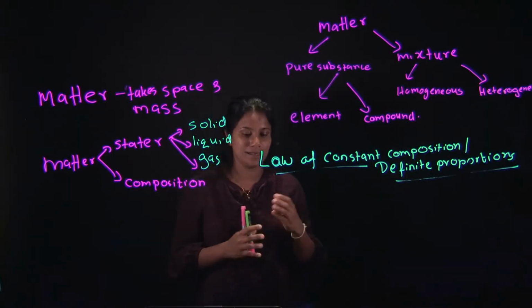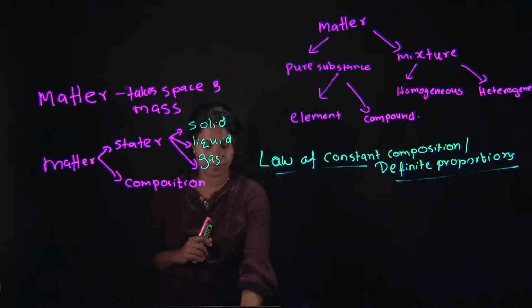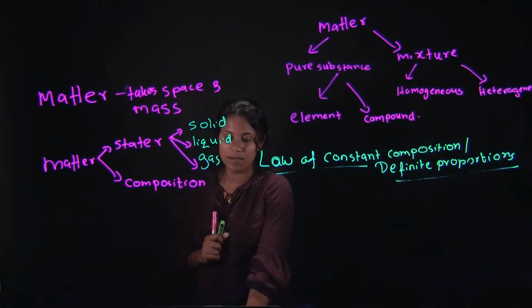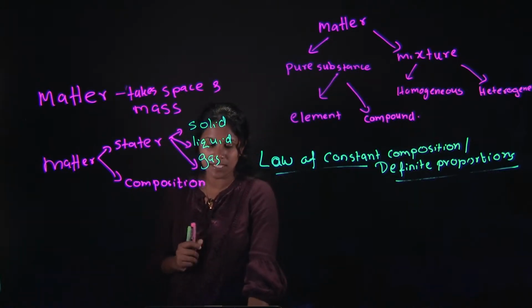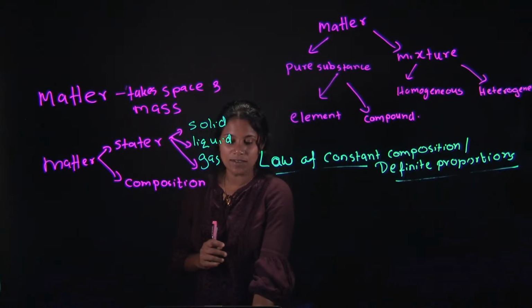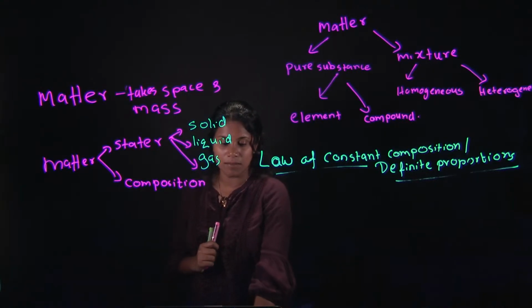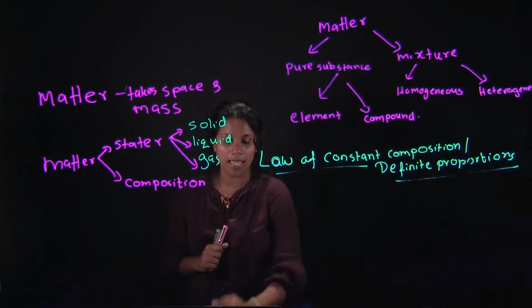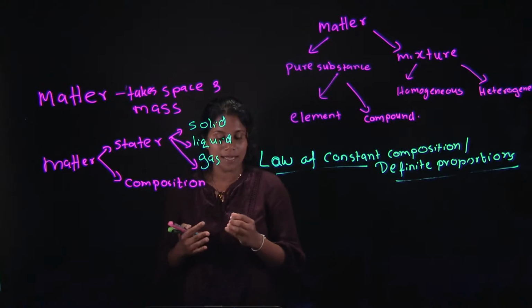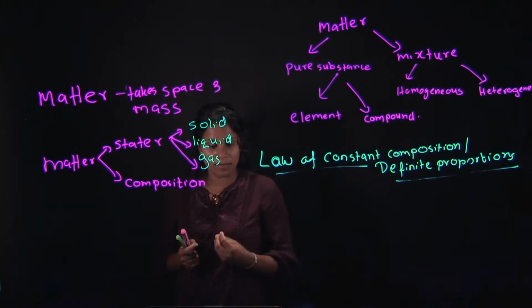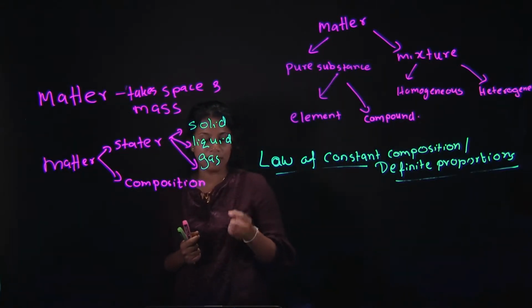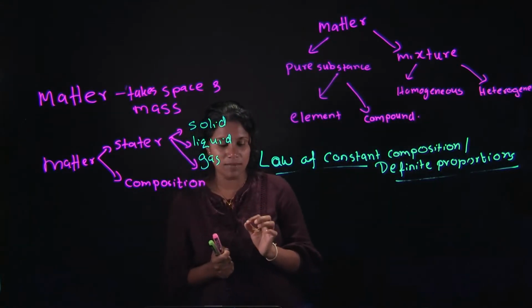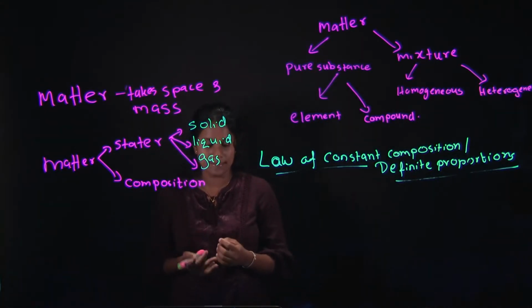What is this law? Let's see what this law describes. The law of definite proportion, or constant composition, states that the relative number of each element in a compound is the same in any sample. What that means is that the relative number of atoms of each element in the compound is the same in any sample.